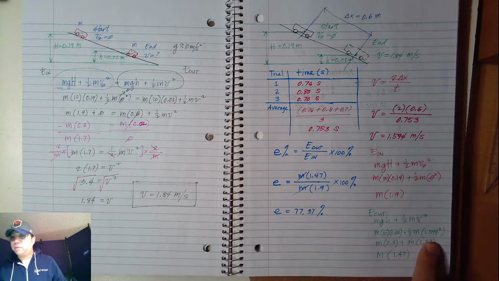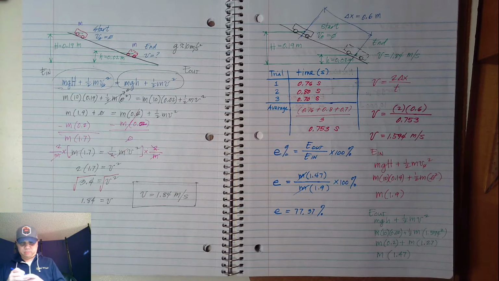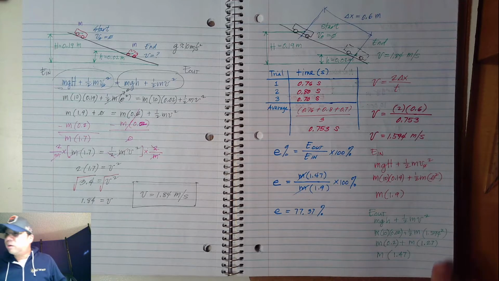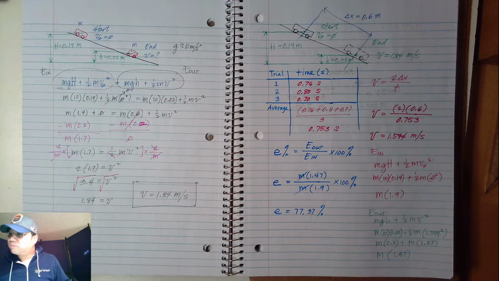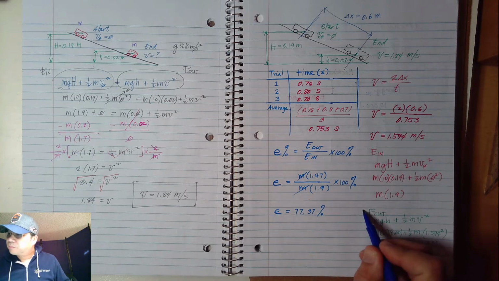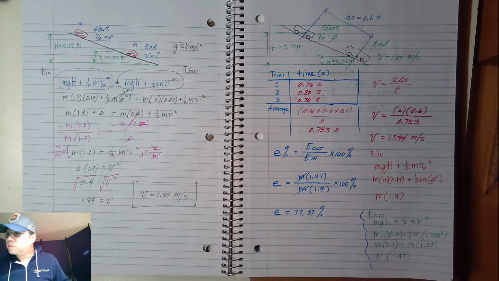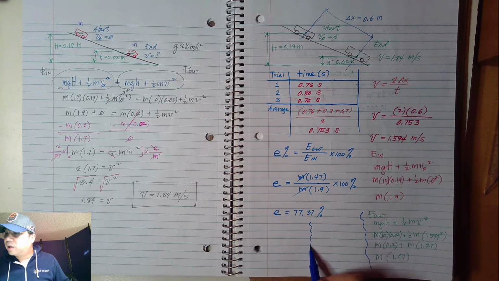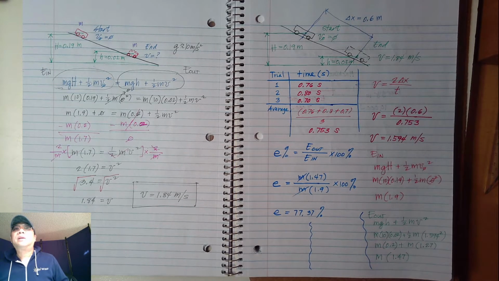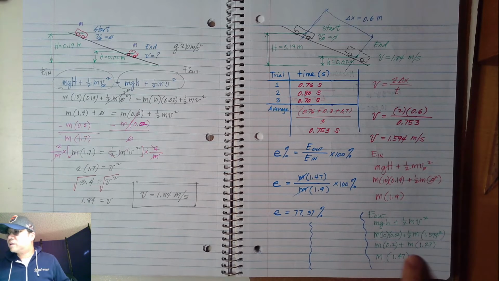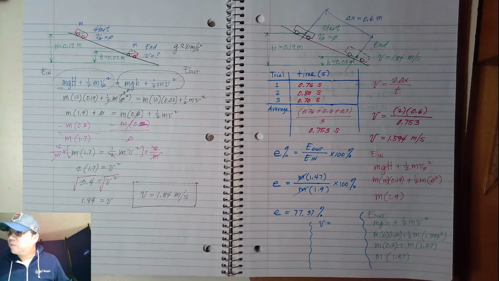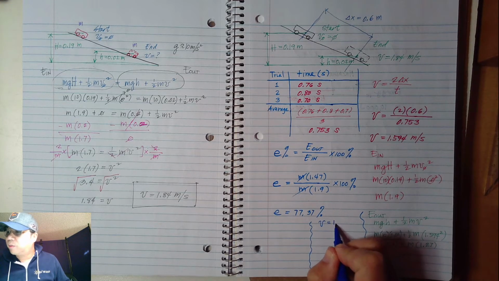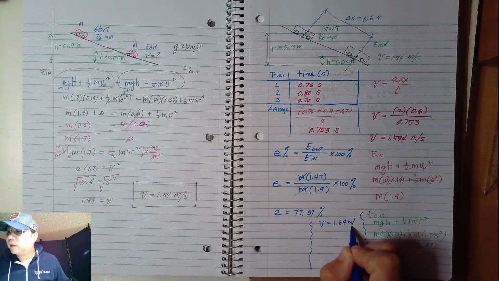So for example, let's replace 1.594 with 1.84. I'm just going to use the small space over here to calculate the energy. What if velocity is 1.84 meters per second?